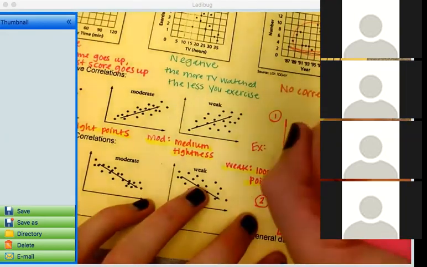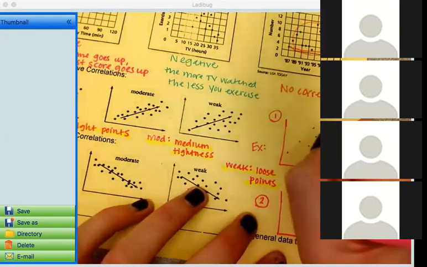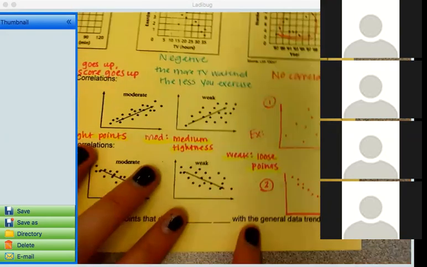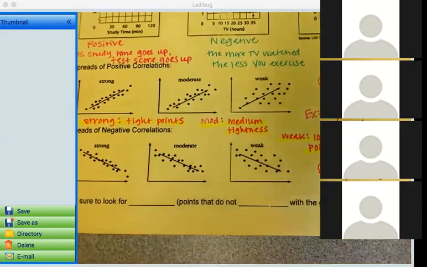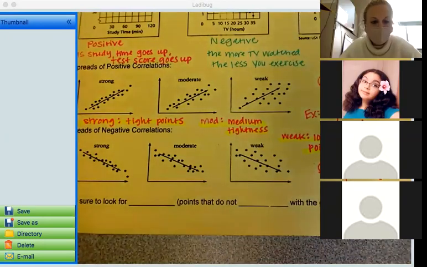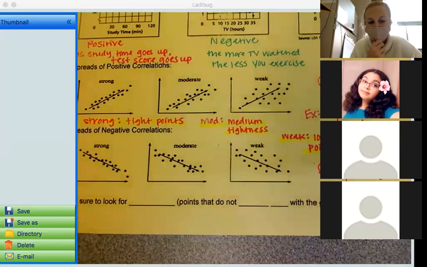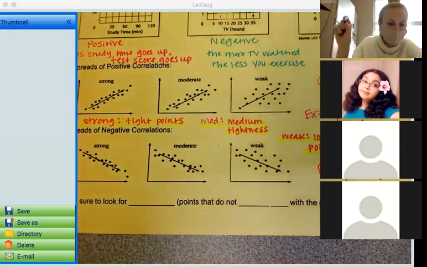That's fine, you can do yours on the back. Draw those two scatter plots for me. So remember, a scatter plot, if you joined the Zoom late, is just a graph with points that are plotted.